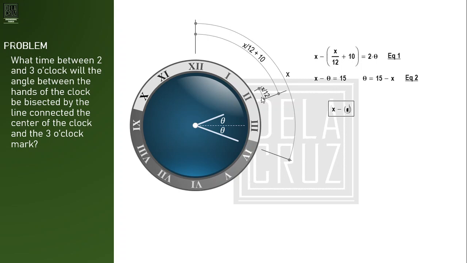Copy ko lang yung equation 1. Plus 10 is equals to twice of, ang theta natin is equivalent to 15 minus x. Okay, we just substitute equation 2 to equation 1.